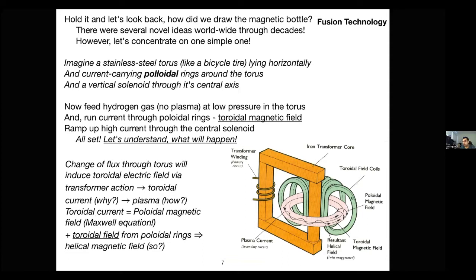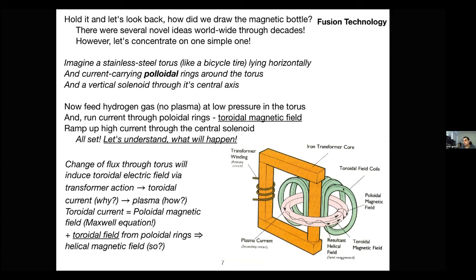Now we have a toroidal current here. The EMF was in this direction, and the plasma particles are moving in this direction. So the toroidal current that is moving here, this plasma current itself, will generate a poloidal magnetic field.